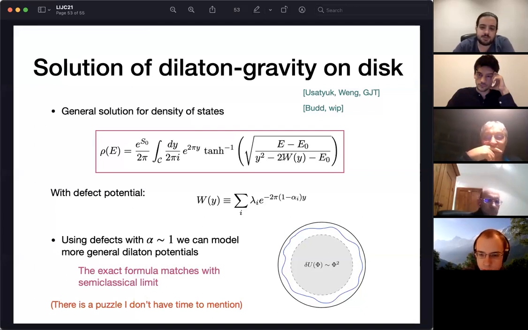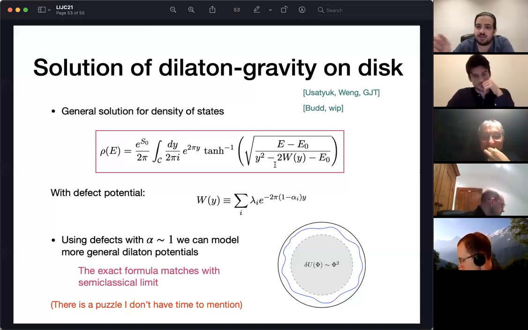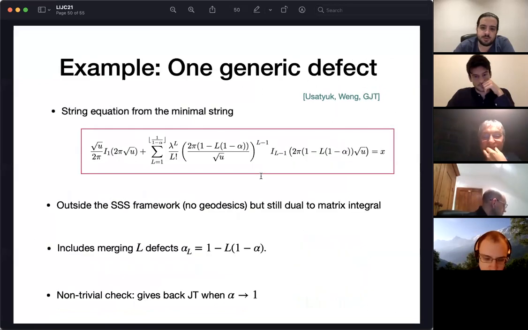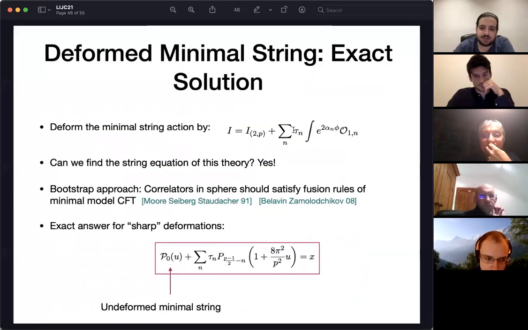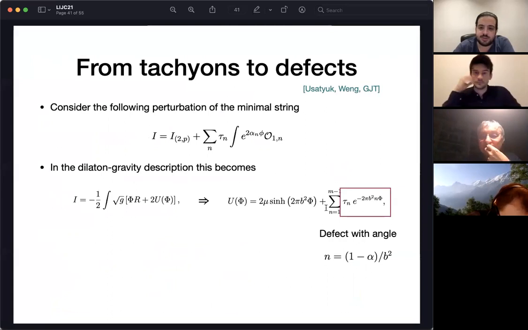From the JT perspective, you would say that this W of y is the dilaton potential, and that's it, right? But now, if you use the minimal string and this timelike Liouville, there was a paper of Sam Mullicov where he studies this timelike Liouville and tries to relate it as much as he can to what he calls generalized minimal models. I can use that and plug it in this formula when I do this derivation of the dilaton potential and get exactly this normalization here.